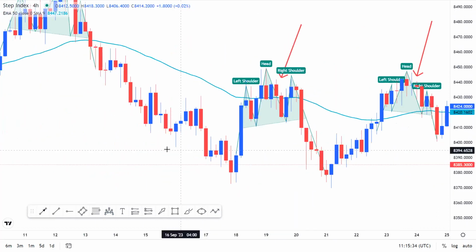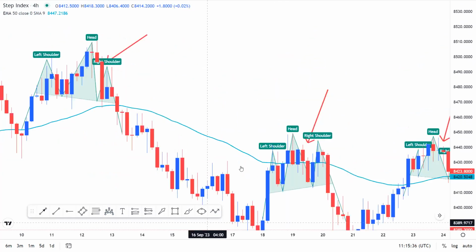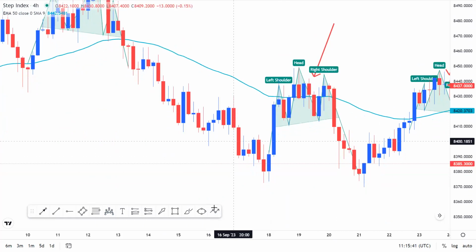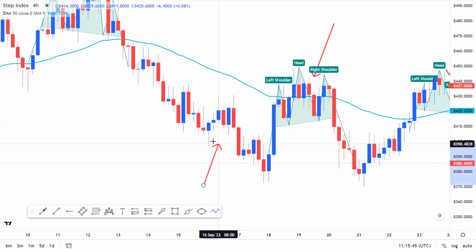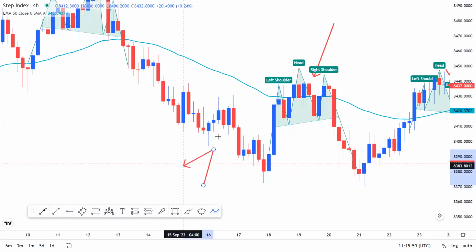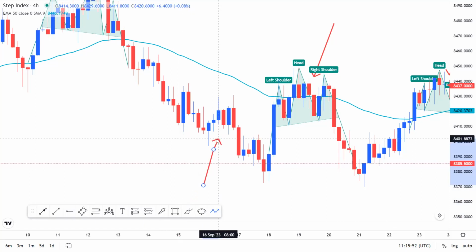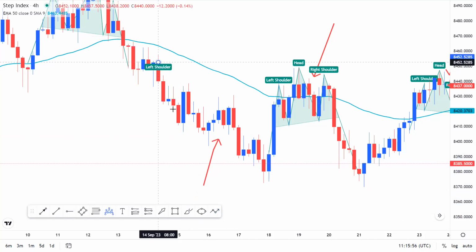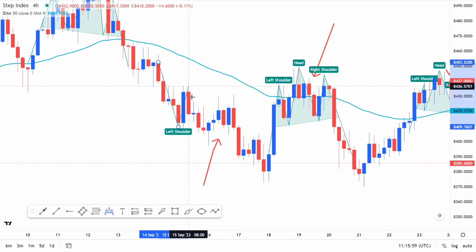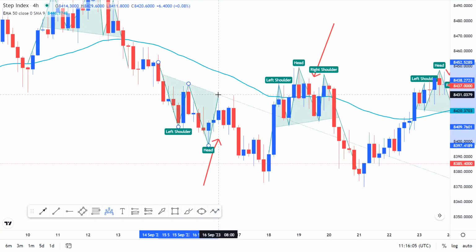And also we have this as a head and shoulder pattern that ended up not playing out as expected. That goes to show that this is not going to result in the very same outcome every time it does appear in the chart.